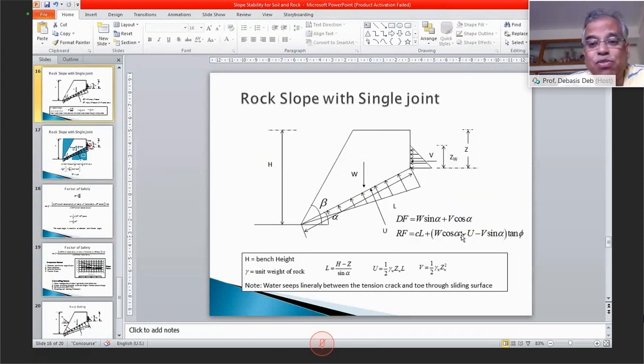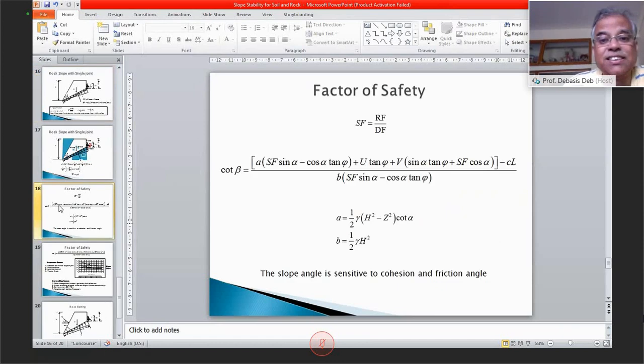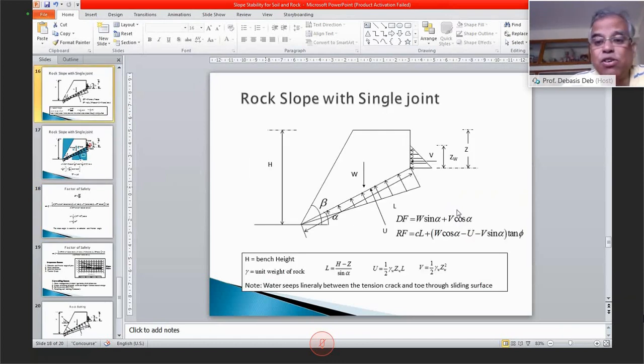The safety factor is equal to resisting force by driving force. Now you check what is resisting. In the resisting force, if water is present, both U and V will be present.